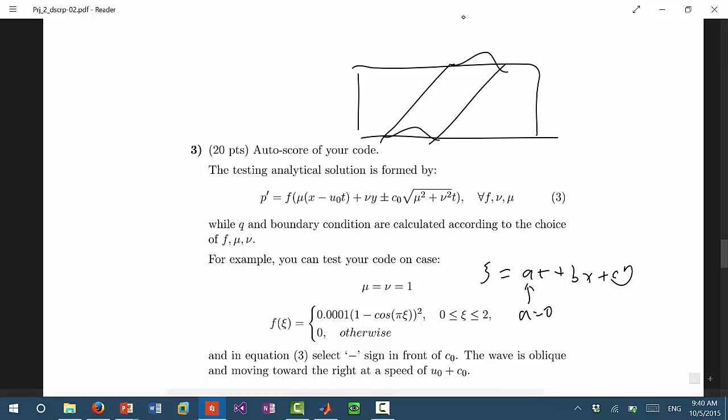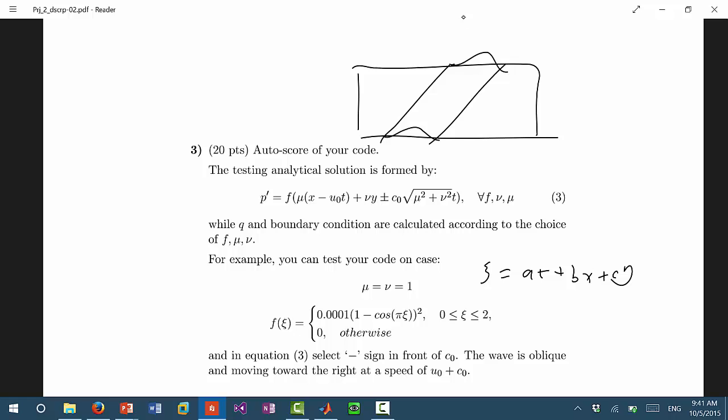So for our case, U0 is 0.05. What would be the expected? U0 is 0.05, so that means there is no stationary solution. What you end up having is a wave, so a is not equal to 0, and it travels in some spatial direction.